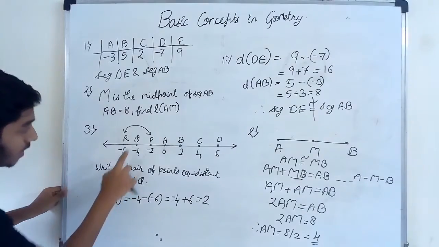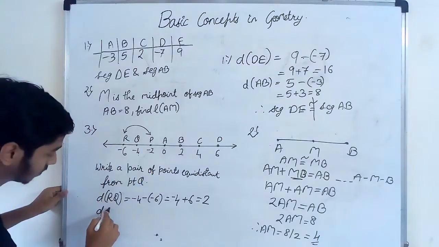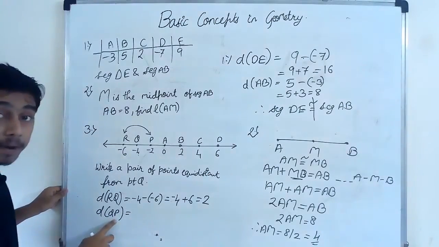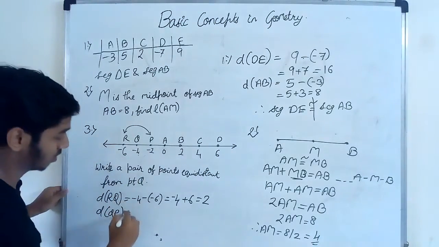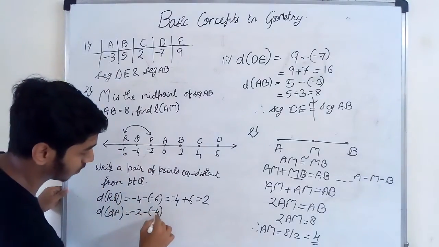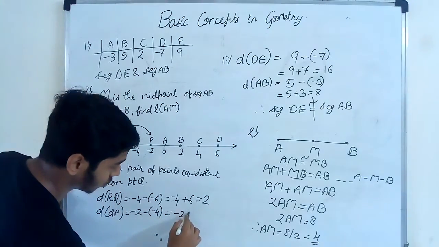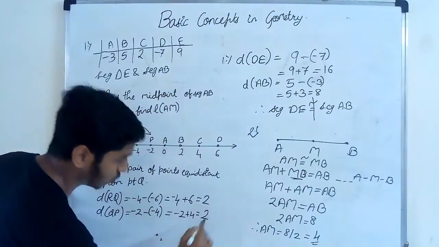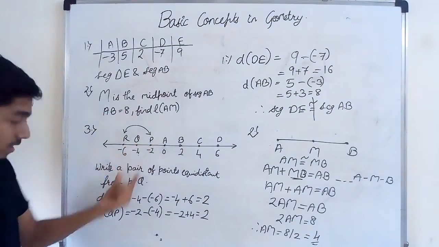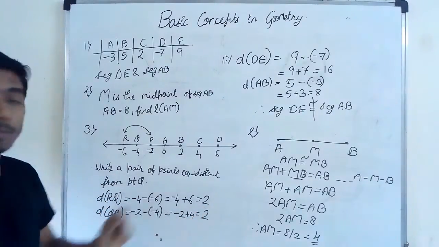Now let's find distance QP. That will be coordinate of P minus coordinate of Q. So minus 2 minus of minus 4. That will be minus 2 plus 4. So 2 again. Now if you see RQ and QP, they both are same, which is 2, 2.